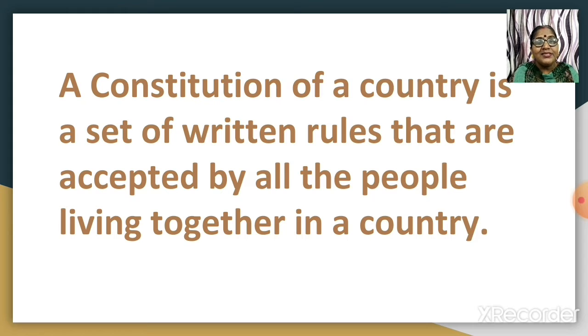They are the citizens of that country, right? So you may be asked a question for 1 mark: What is a constitution? Then you can write this. Constitution is a set of written rules that are accepted by all the people living together in a country.